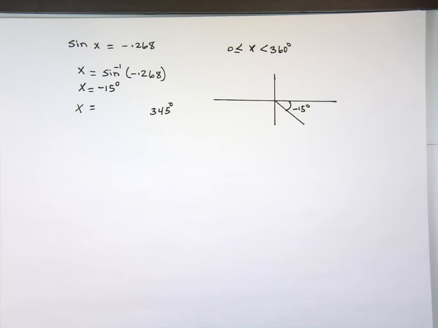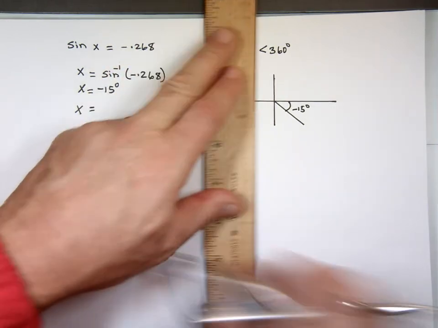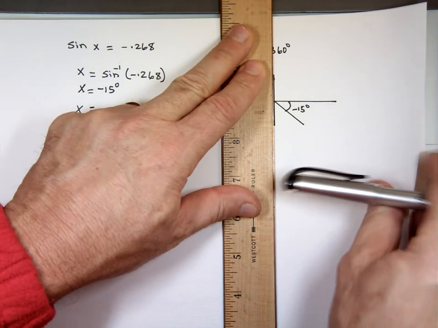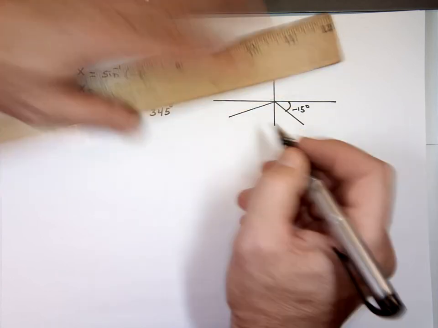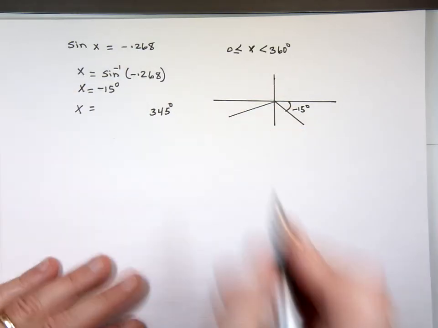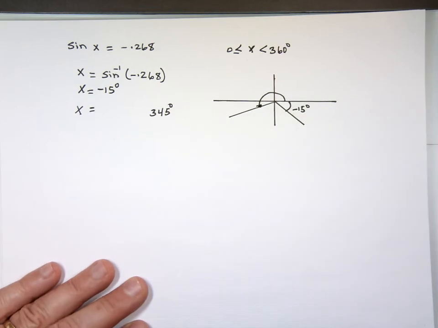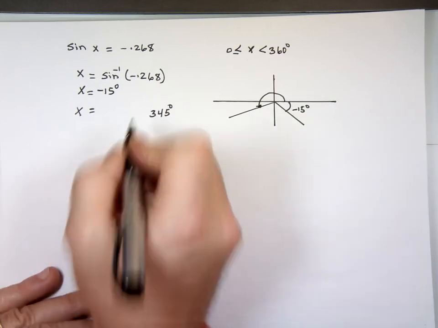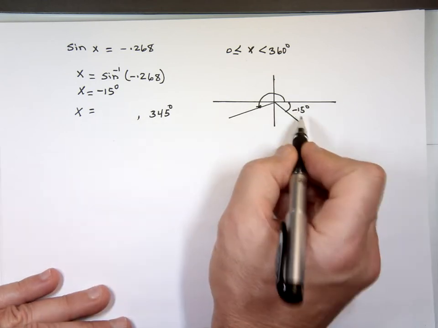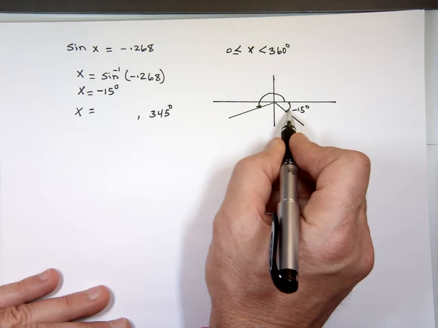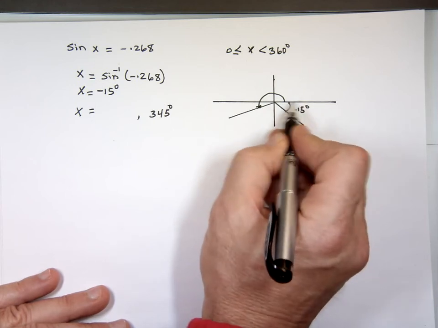For the sine, you want to fold the paper. If you fold it along the y-axis, you will have another angle right there. How big is this angle? You always measure from this line, this is your reference.